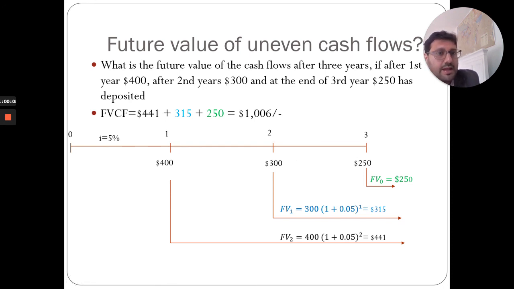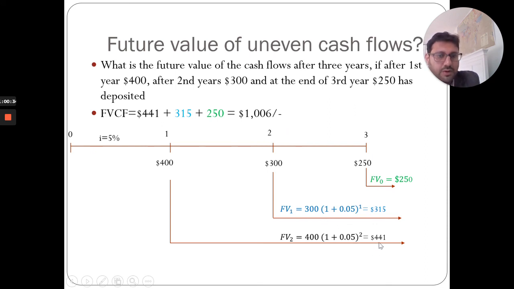This can be calculated by finding the interest on this 400 over 2 time periods. So 400 multiplied by 1 plus the interest rate, which is 5%, because that account is offering you a guaranteed 5%, raised to the power 2. Why 2? Because even though you can see on the face of it that there are 3 time periods, it will grow only by 2 time periods, right?